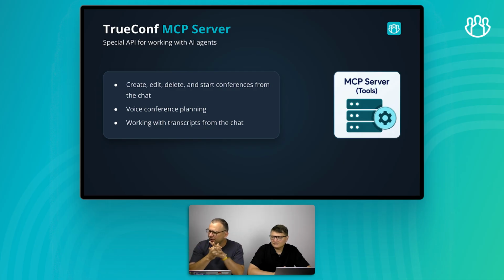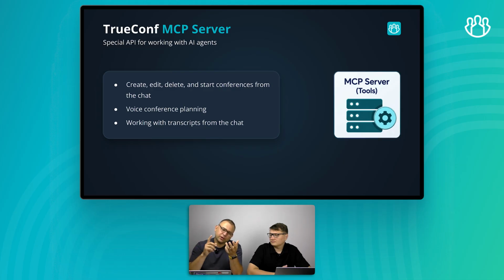MCP is a complicated thing, but the idea is that the API is used to control our server from different applications and scripts, while MCP is another kind of interface, used not for programs but for chat agents and AI. So we can use different chat interfaces to control our server.